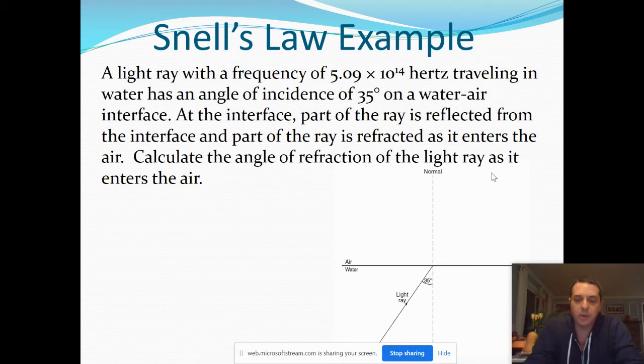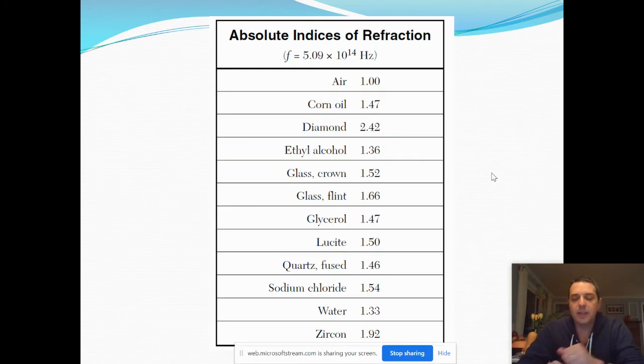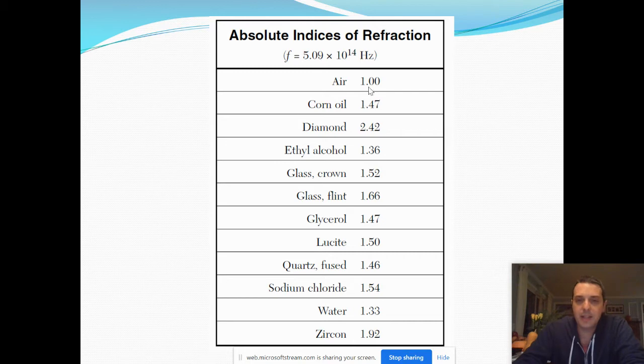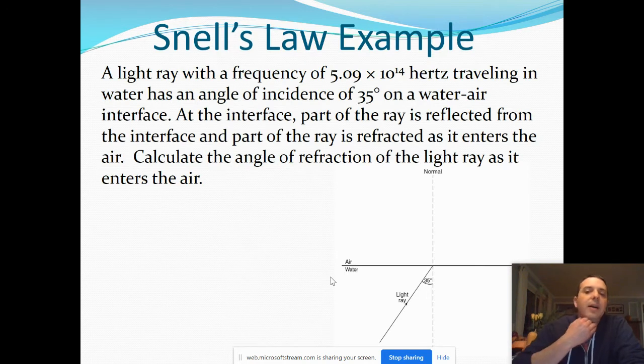So we're dealing with water and air, and if you look at our indexes of refraction, you can see that air has an index of refraction of 1, and water has an index of refraction of 1.33. We can also see from the diagram and given in the problem that the angle of incidence at the water-air boundary as the light ray is traveling through water is 35 degrees.